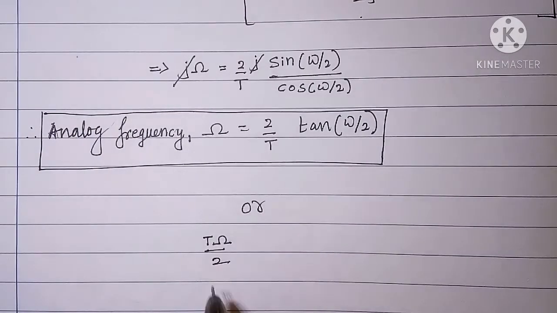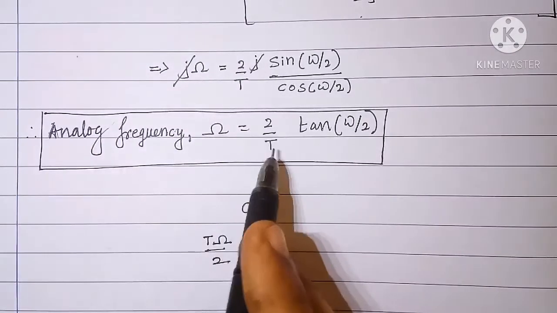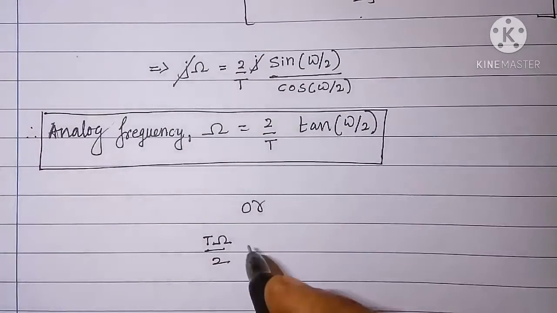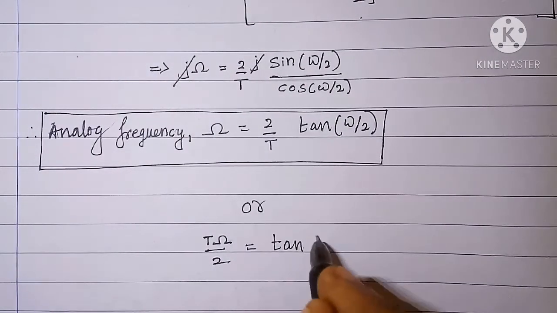T into omega by 2, transferring 2 by capital T to the LHS, we get tan of omega by 2.